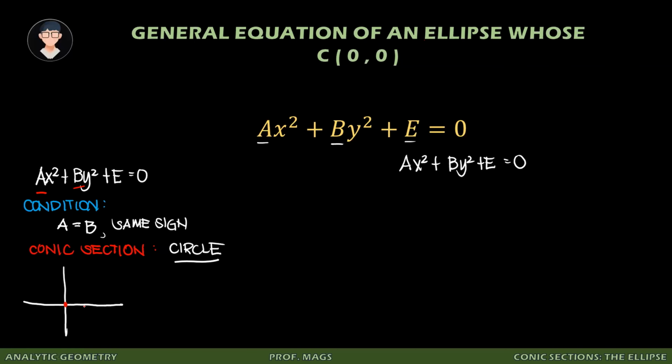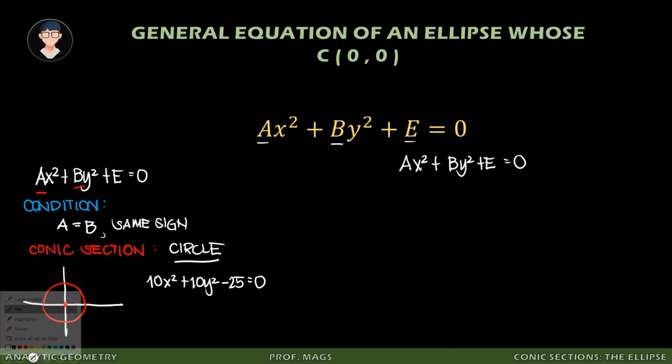Our origin is the point of intersection of the x-axis and the y-axis. Okay, so that is our circle. So let us have an example then of an equation. Let's say 10x squared plus 10y squared minus 25 is equal to 0.